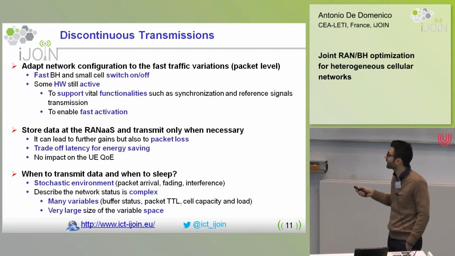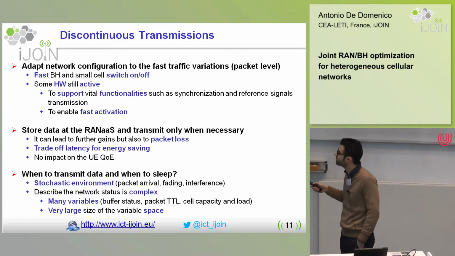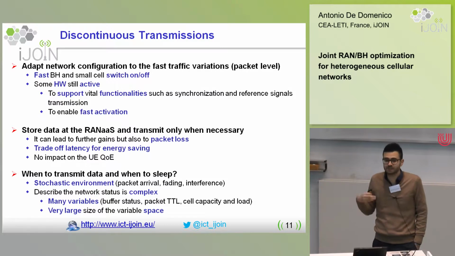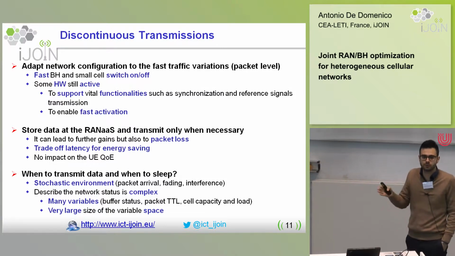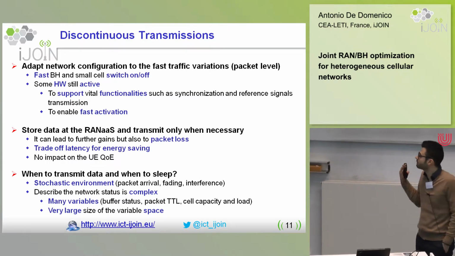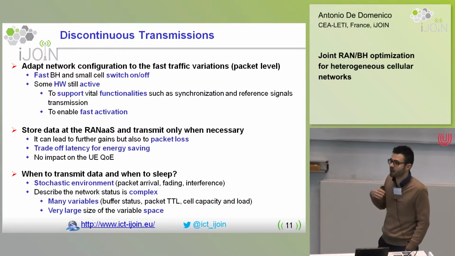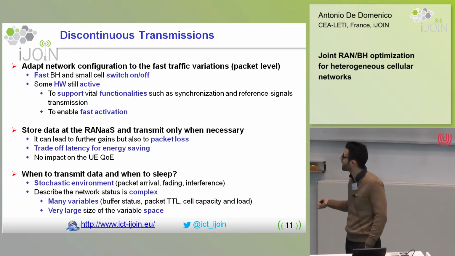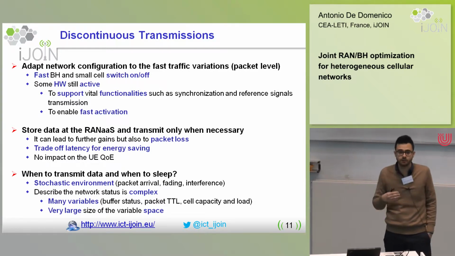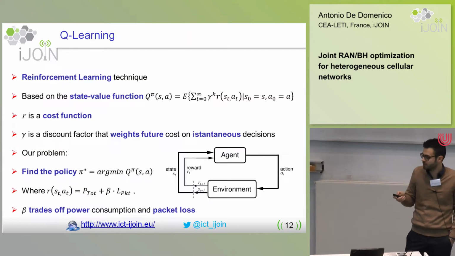You have packet arrival, fading, interference. These are random variables. And also describing the network status is quite complex because you have many variables: buffer status, the time to live of the packets, cell capacity, loads, and so on. And there is a very large size of the space of these variables.